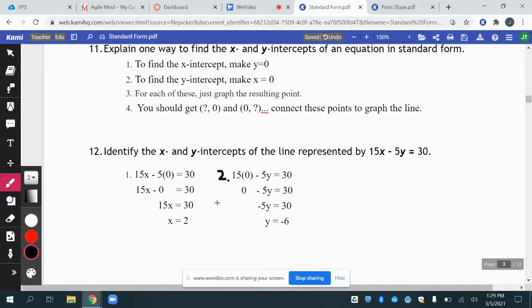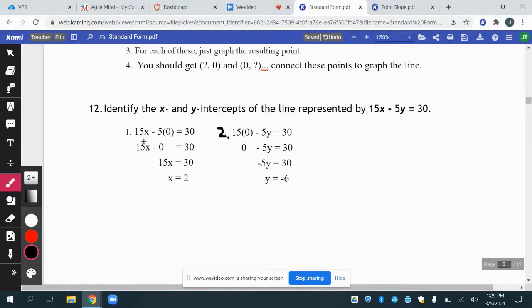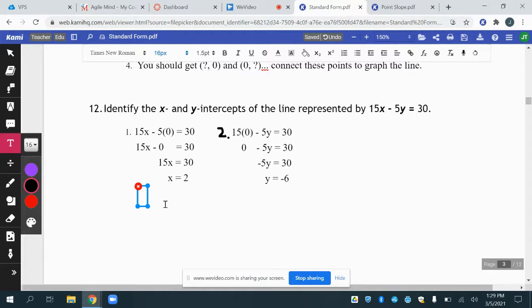Now it's a 2. Now, step 3, I have to turn each of these into a point. So I noticed y equals 0, x equals 2. That's what I got over there.